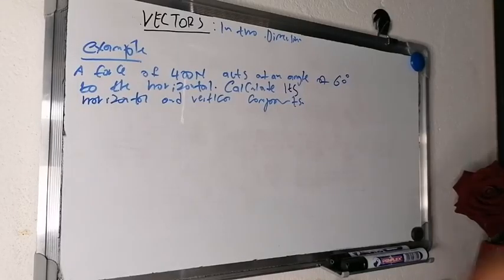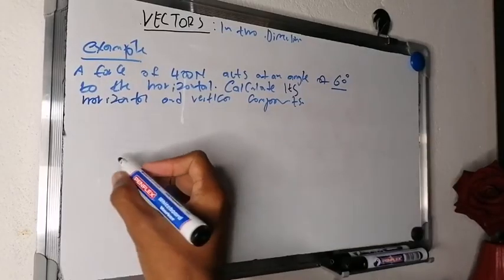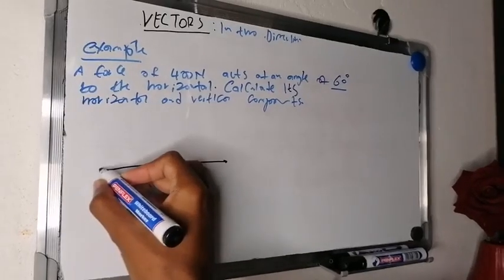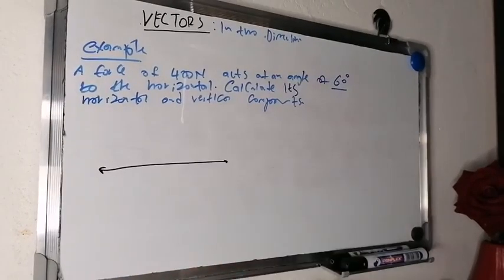Now remember that an angle is being given, and we understand that a horizontal line doesn't have an angle, because you have 0 angle there.